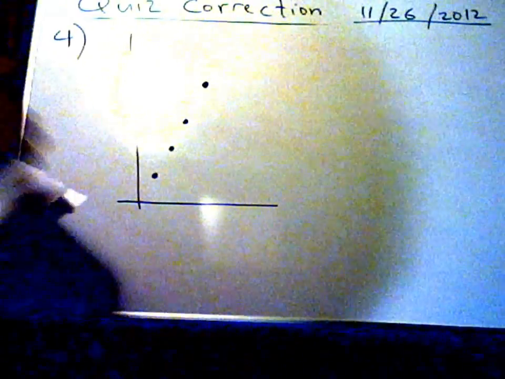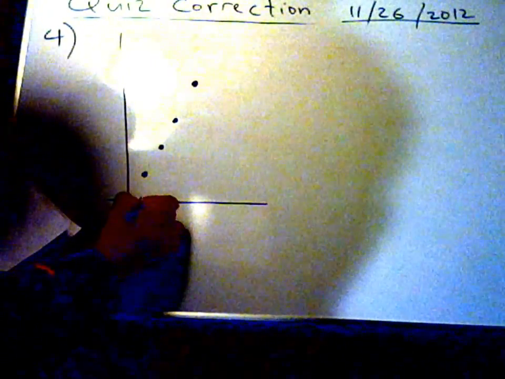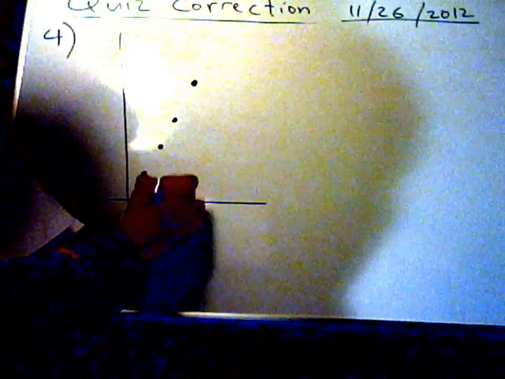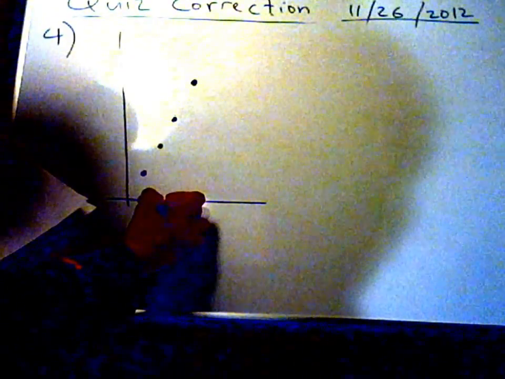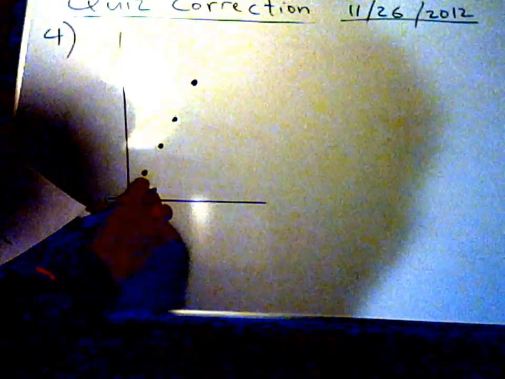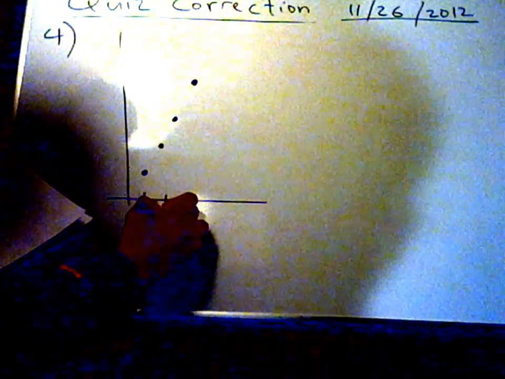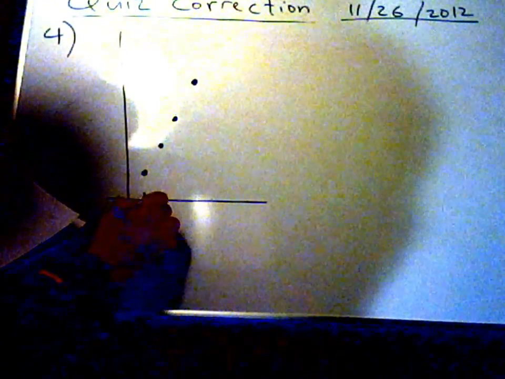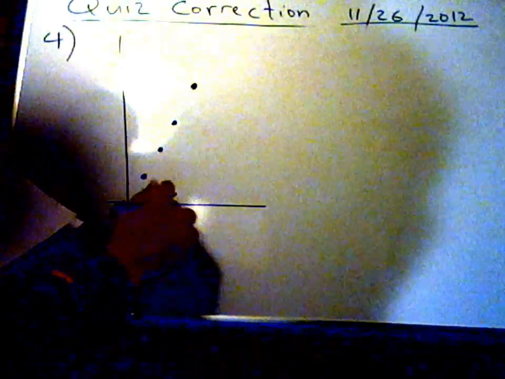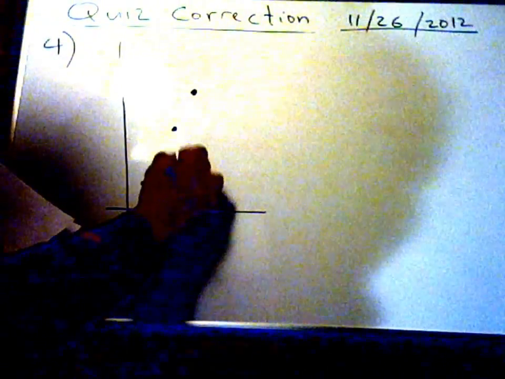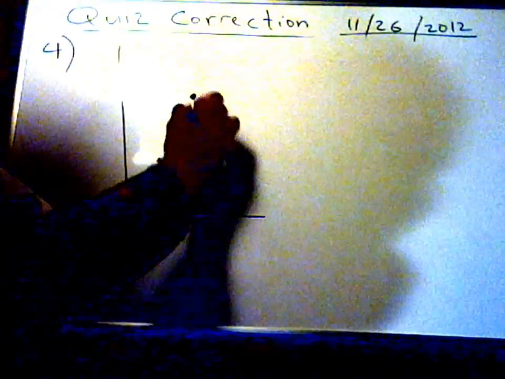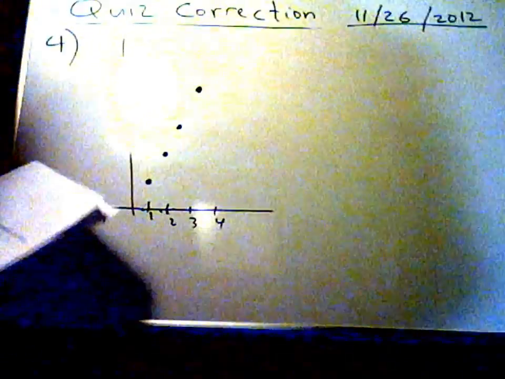I think we're given 4 points. And of course, this is 1. The x-axis. 2. So notice my scale is even, is about even. Try my best. 3, 4.